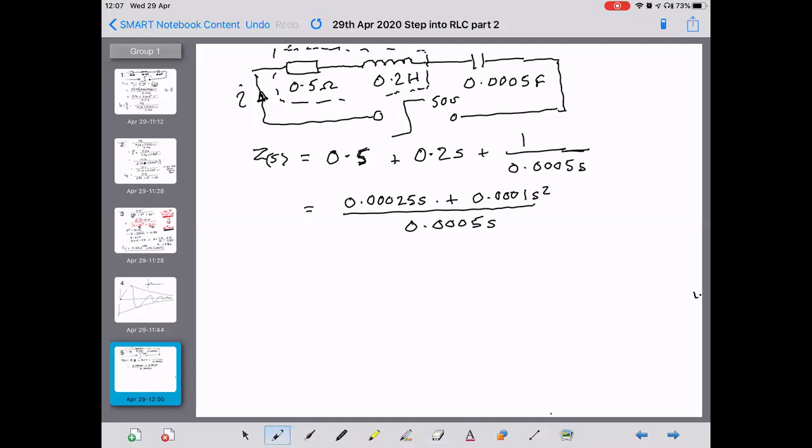I've not put the intermediate step in, but it's in the plus 1 on the end there.